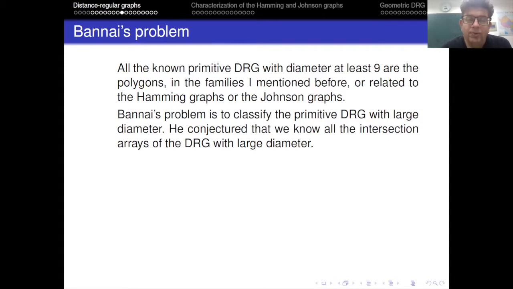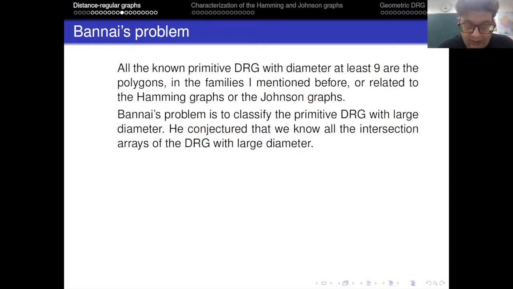All the known primitive distance-regular graphs with diameter at least 9 are the polygons, the families I mentioned before, or related to the Hamming or the Johnson graphs. You have the folded cube, the half cube, the folded half cube, and so on.